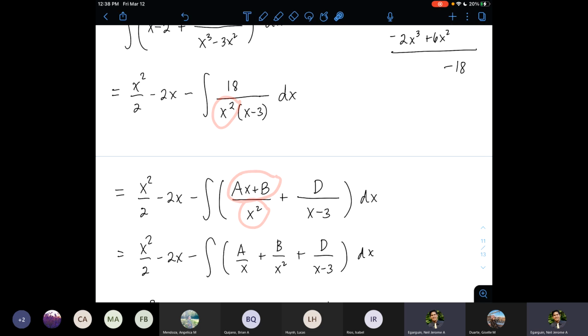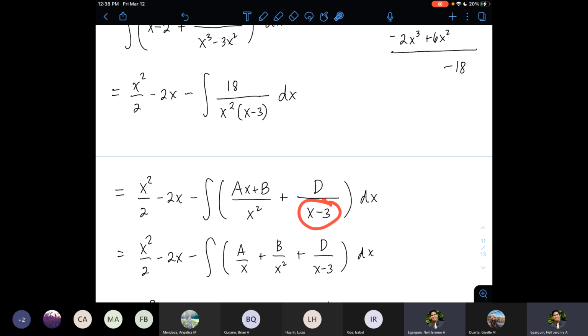In contrast, the second factor is x minus 3. It's not repeated, so it gets a single partial fraction in the decomposition. So that's why we got an x minus 3 here at the bottom. And the rule says the numerator should always be 1 degree less. So x minus 3 is degree 1.